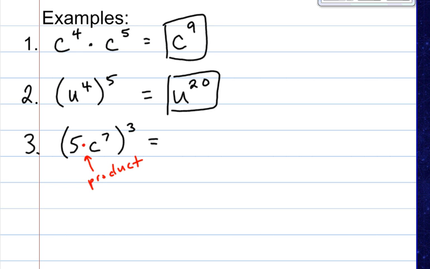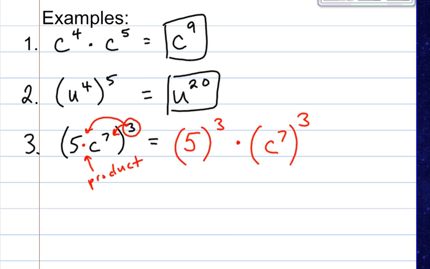That's the 3rd rule that we had, which said that if I have a product, this 3 distributes to both of these things. So I'm going to write this one out a little bit further. I'm going to have 5 in parentheses because that's one part of the product. That gets cubed. And then you multiply by the other part of the product inside the parentheses with c to the 7th, and then that gets cubed.